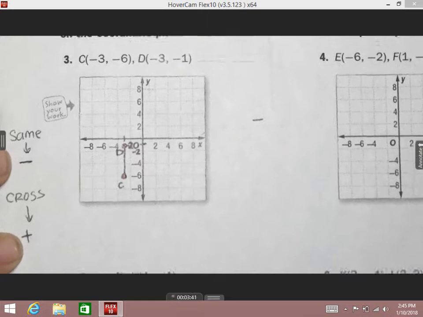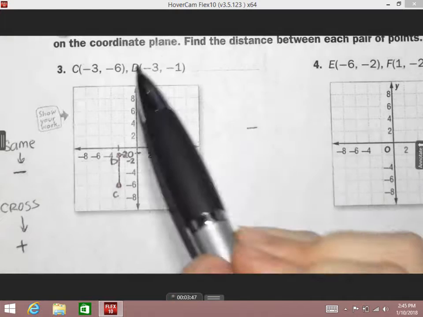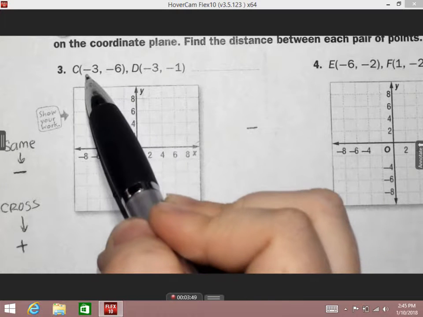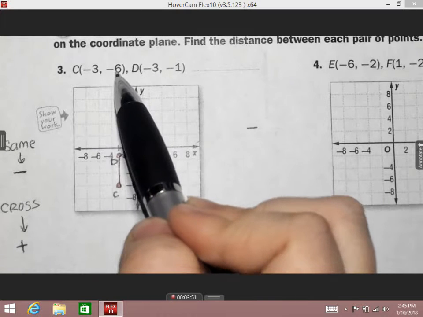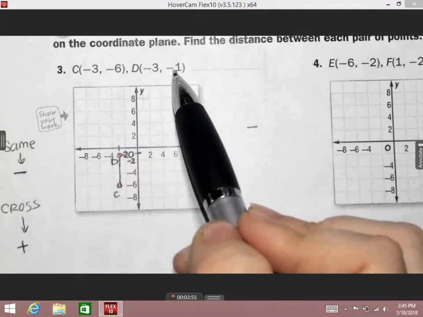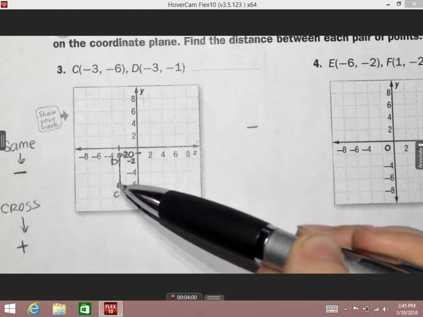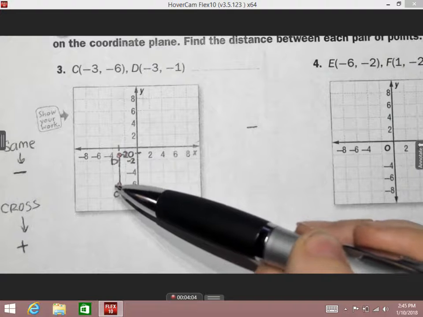All right? So now let's figure out what 2 numbers it is that matters. Okay? So am I looking at these ordered pairs? Yeah. I have C at negative 3, negative 6. I have D at negative 3, negative 1. Now, if I'm trying to find the distance in between D and C, one of those coordinates doesn't matter to me.